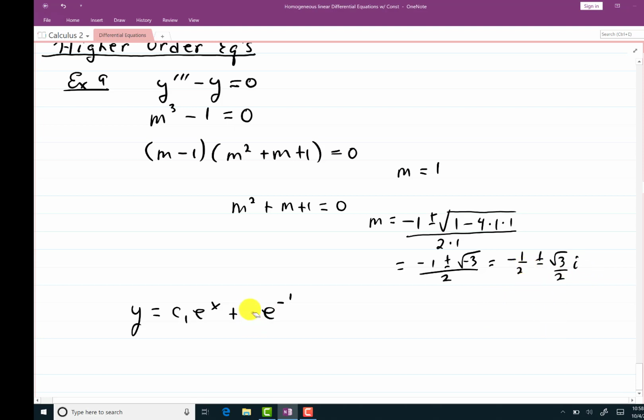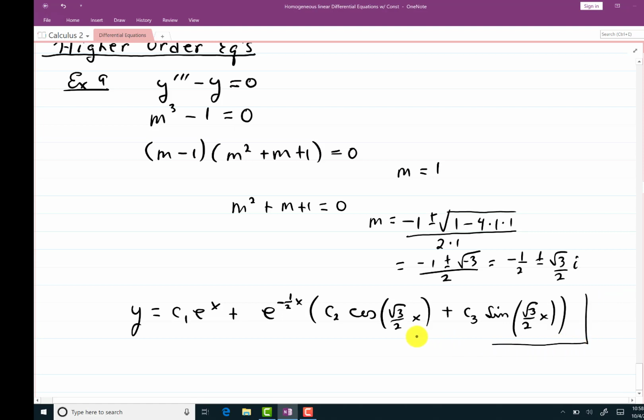So let me take the c2 out of here, and we'll do e to the negative 1 half x times c2 cosine of radical 3 over 2x plus c3 sine of radical 3 over 2x. And there is our complete solution.